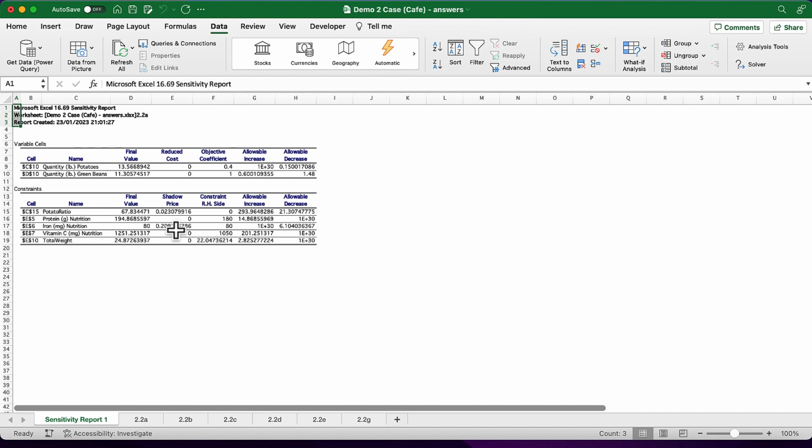Just by modifying the iron constraint. So in this example, what we're saying is that in order to save 21 cents, you have to reduce your iron requirement by a unit of 1.